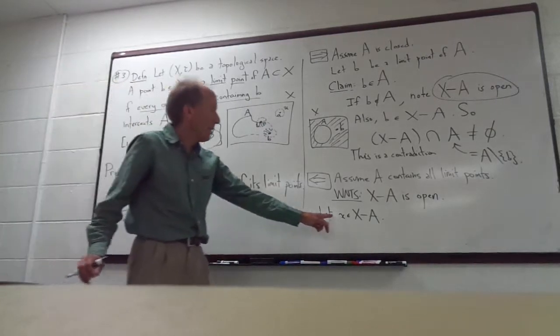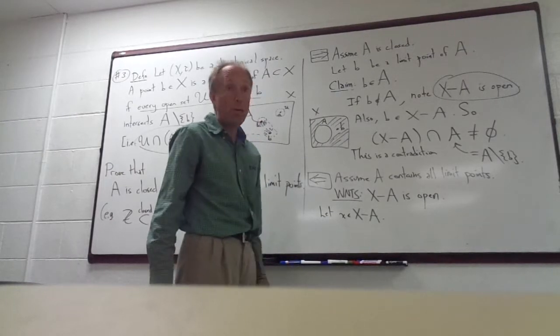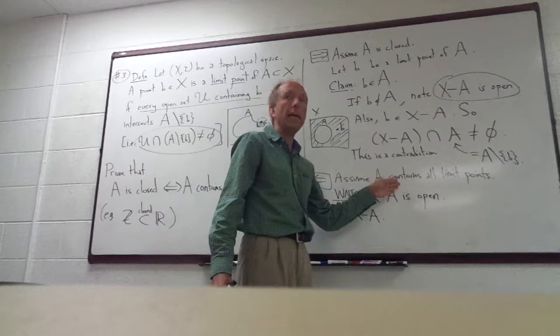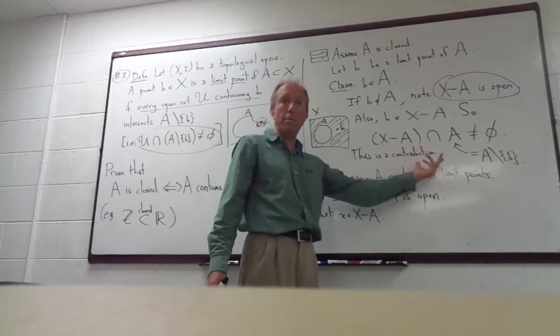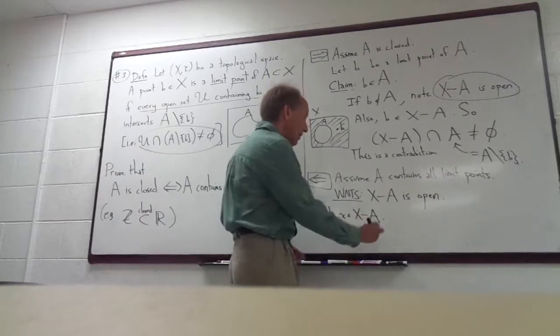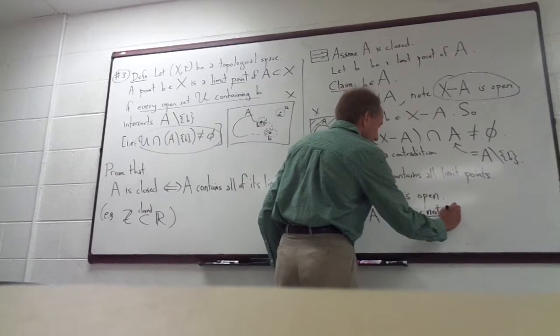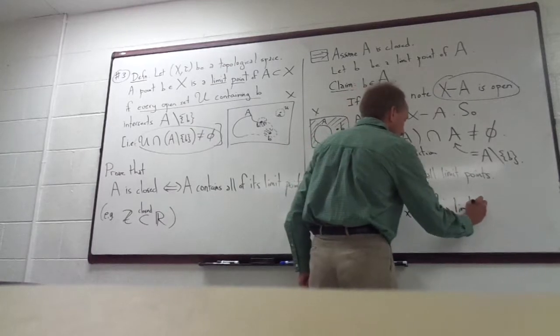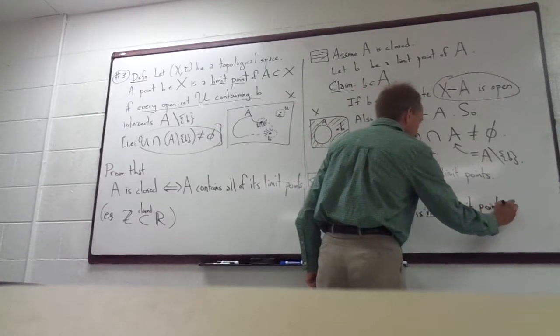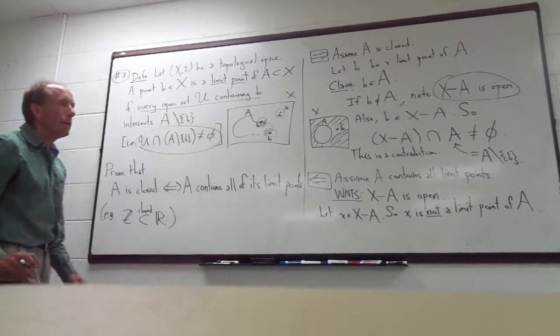Now that point is not a limit point of A because A contains all of its limit points. Anything that's a limit point of A is in A. Here's a point that's not in A, so this x is not a limit point of A.